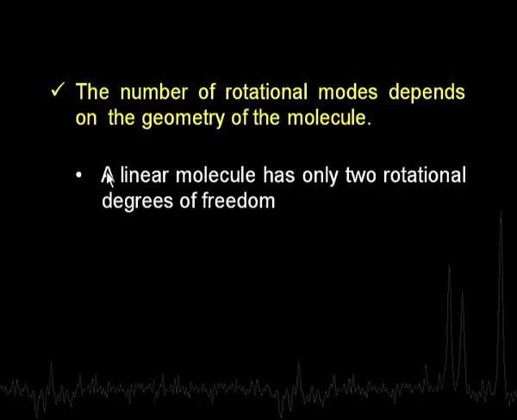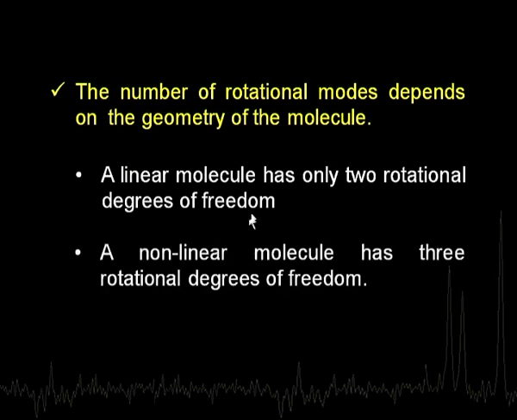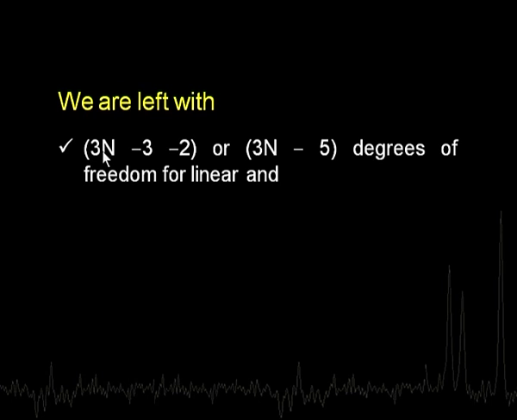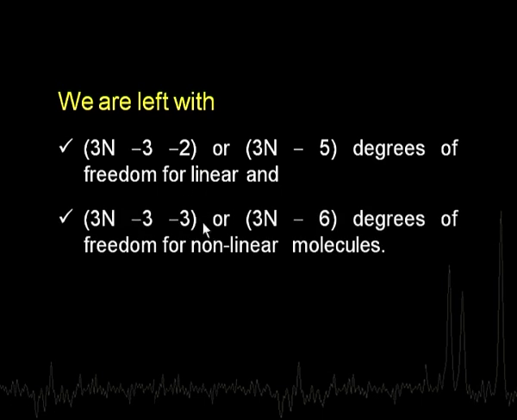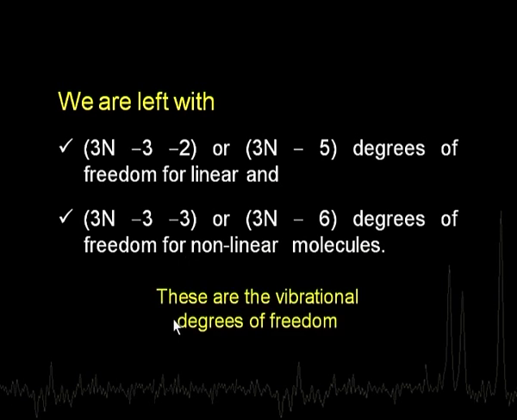A linear molecule has only 2 rotational degrees of freedom, whereas a non-linear molecule has 3 rotational degrees of freedom. So we are left with 3n minus 3 minus 2, or 3n minus 5, degrees of freedom for a linear molecule. And for a non-linear molecule, we have 3n minus 3 minus 3, the rotational ones, that means 3n minus 6 degrees of freedom, and these are the vibrational degrees of freedom.